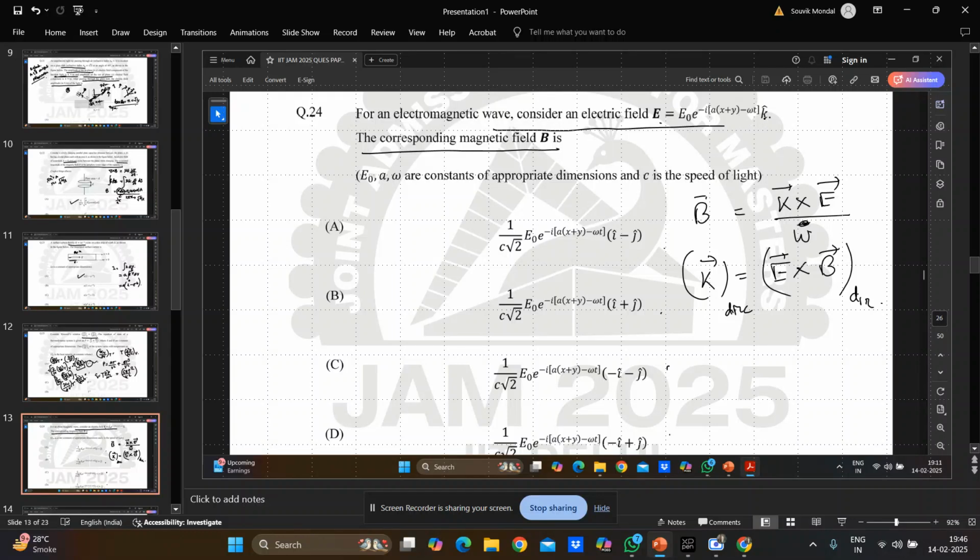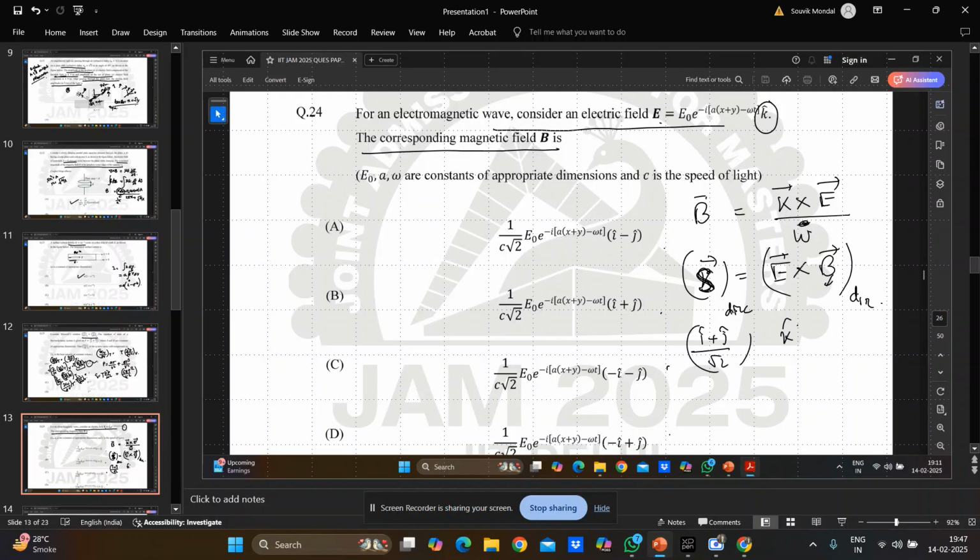Now what is the direction of E here? E is k hat. Don't confuse this with the other k; this is the Poynting vector direction. You don't know B, but what is your S direction? The S direction is simply (i hat plus j hat) by root 2.